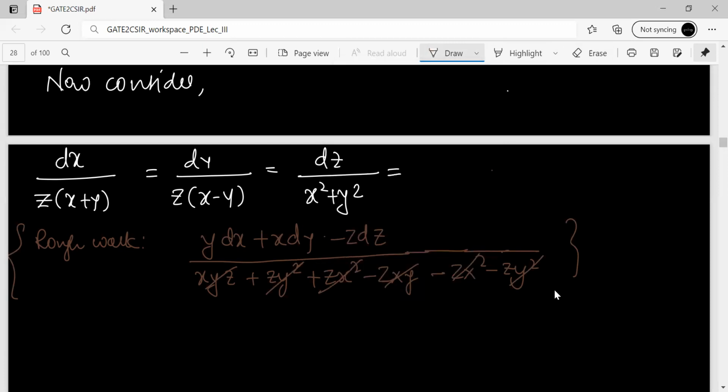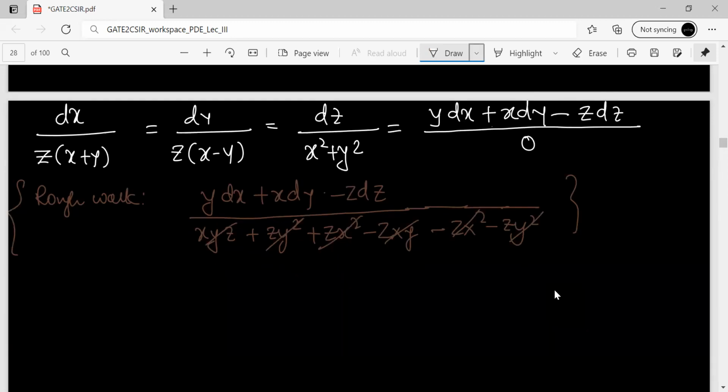Okay, so this part I'll not include. Now I know the constants, so this ratio will be equal to y dx plus x dy minus z dz over 0, because I know that this part will get cancelled. So just consider any two pair, first, second, third, fourth, but better first and fourth.